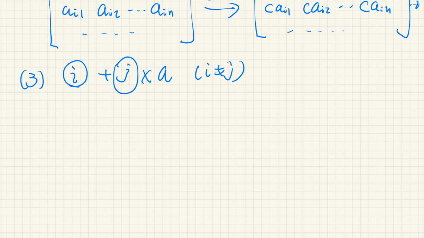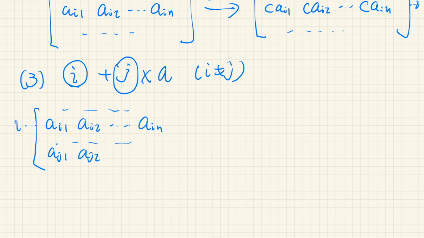Anyway, so if we have a matrix like AI1, AI2, and so on, AIN, so this is the ith row, and AJ1, AJ2, and so on, AJN, and this is the jth row.